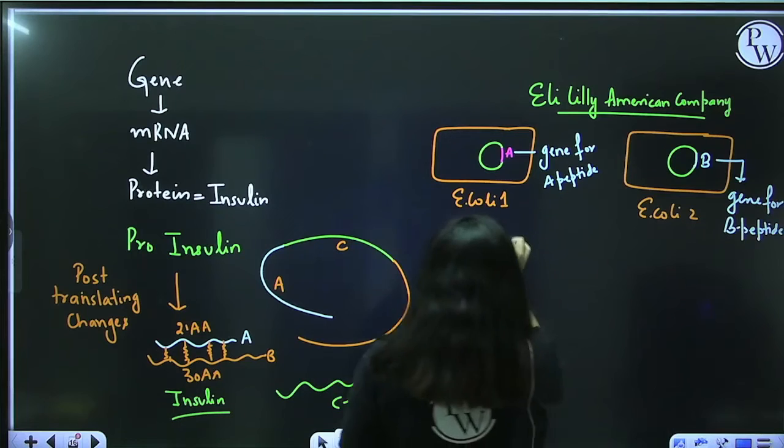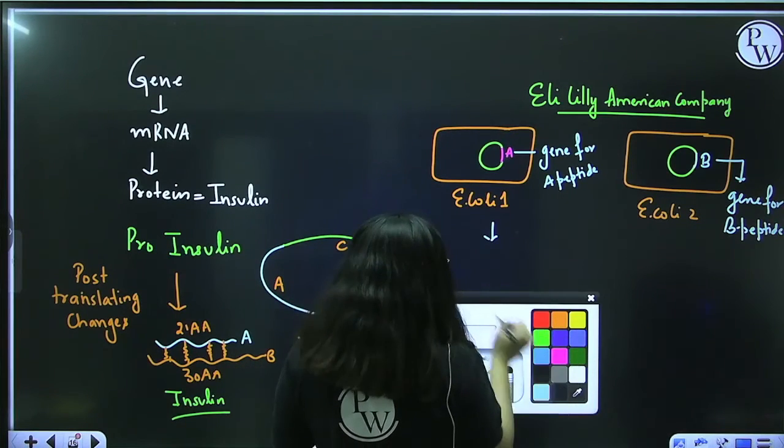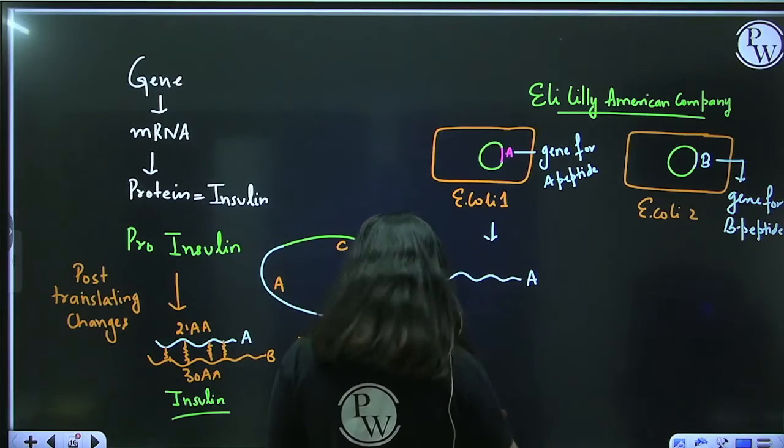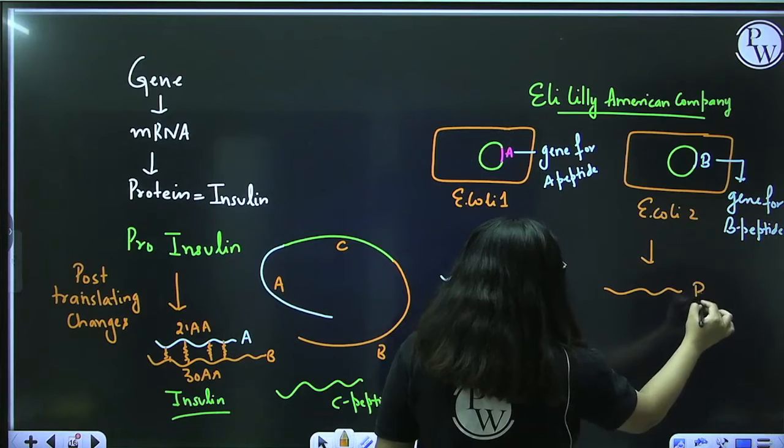Now this E. coli will be producing your A peptide chain and this one will be producing your B peptide chain.